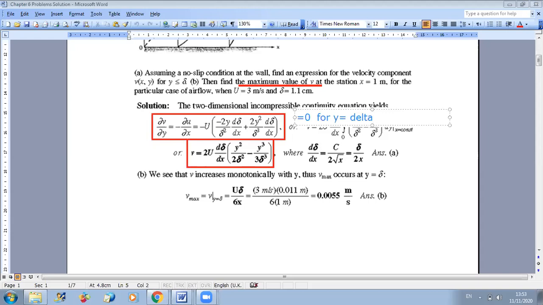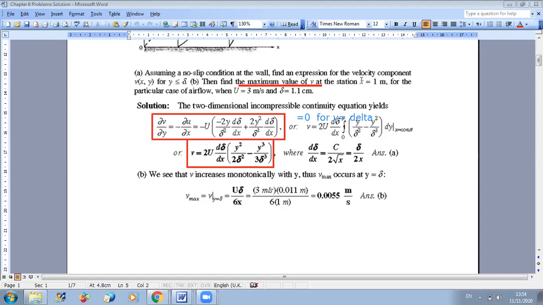Okay, so now if I want to find the maximum value of v, I should replace y by delta. And to do this numerically, they asked for x equal 1 meter. So already you have delta as a function of x.